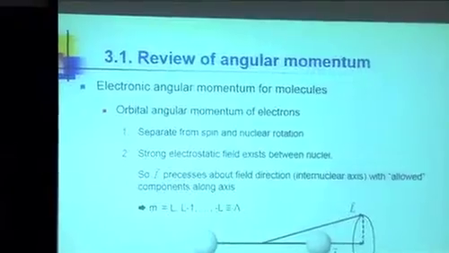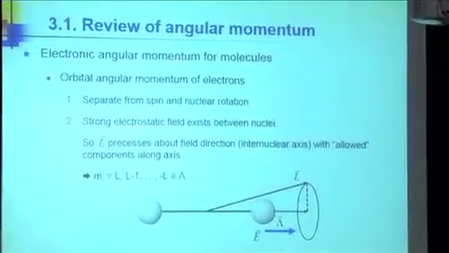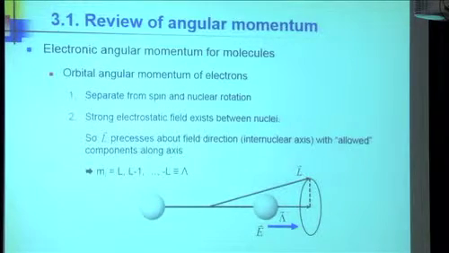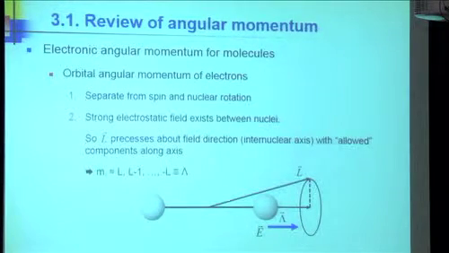So let's see. The electrons are orbiting around the axis, but we only really care about the component along the axis. That's the distinction between capital L, vector L, and lambda. The explanation is that only lambda is a good, quote-unquote, quantum number.